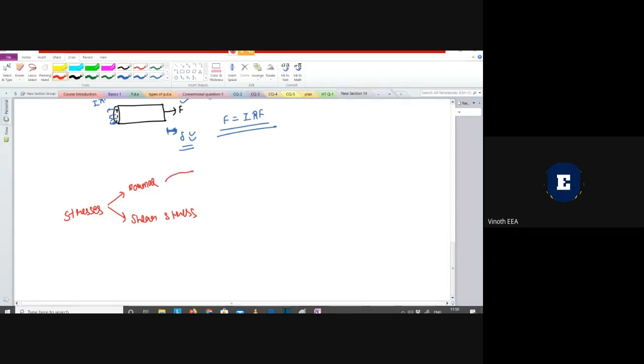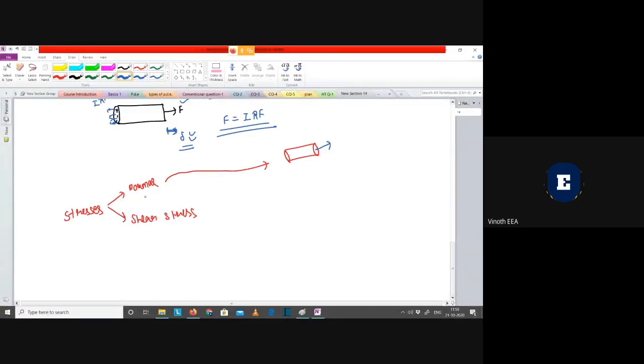We will just understand properly what is meant by normal and shear stress. Normal means the load acts perpendicular to the cross section, which is why the word normal indicates it. This load divided by area is called normal stress.